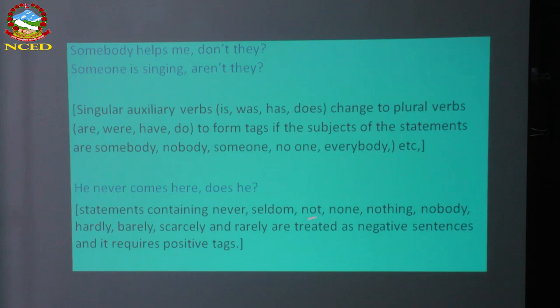If such a negative word comes, then the sentence is treated as negative, and it requires a positive tag. According to the rule, we should use a positive tag. Does he is a positive tag. Okay, I hope you are clear about it. Moving to the next.